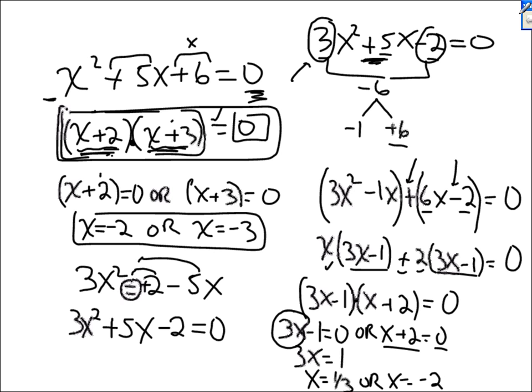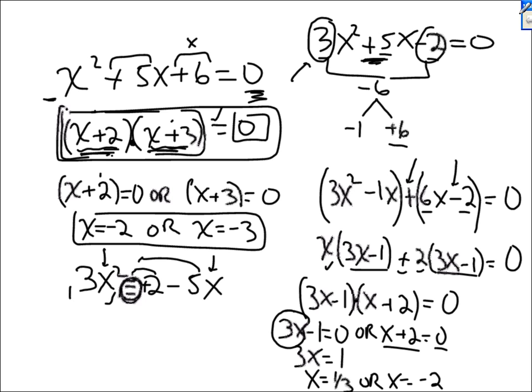And you would check it by plugging in, say, negative 2 here and here, and making sure that the equal sign is right. That is, 3 times negative 2 squared does equal 2 minus 5 times negative 2. And why don't we actually do that? Negative 2 squared is 4.